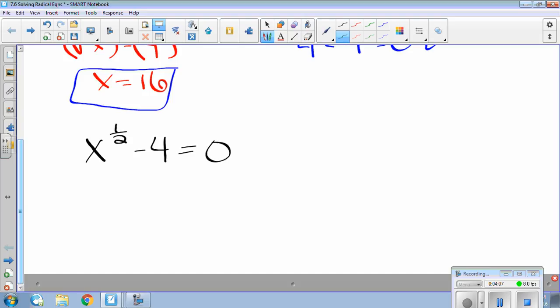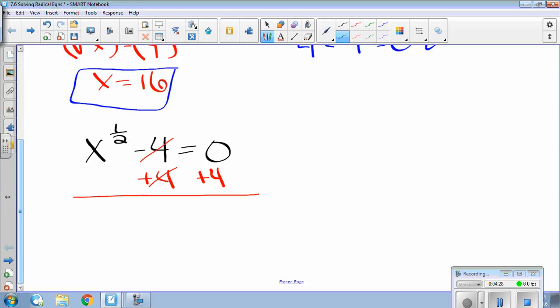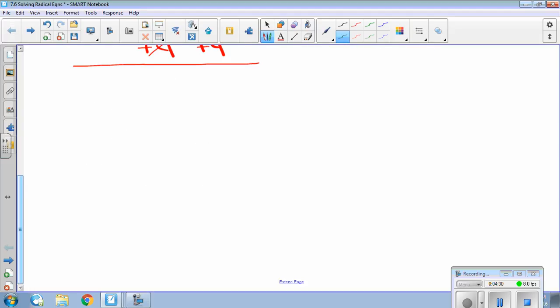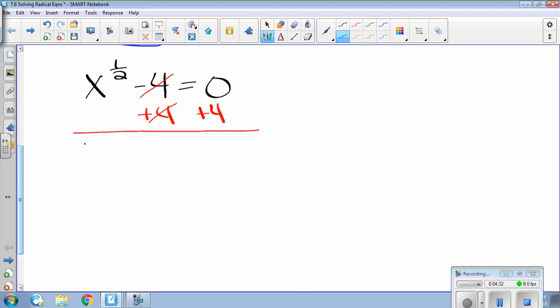That's the same thing as our original problem, right? But I'm going to leave it x to the 1/2. I'm going to show you what you have to do. Same rules apply. Add 4 to both sides. So then you end up with x to the 1/2 power equals 4.